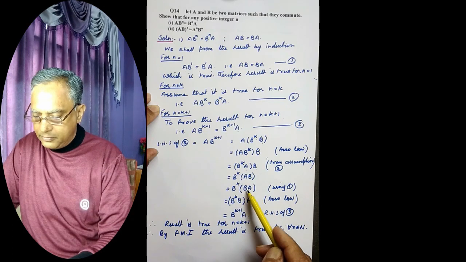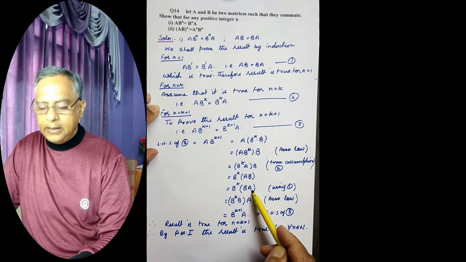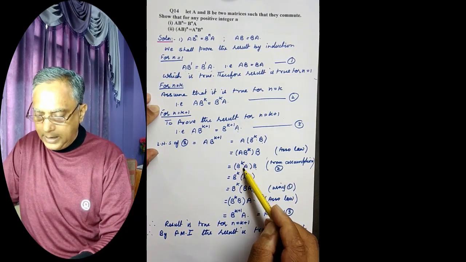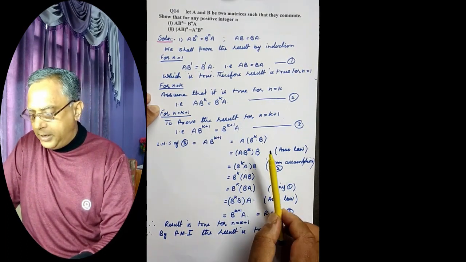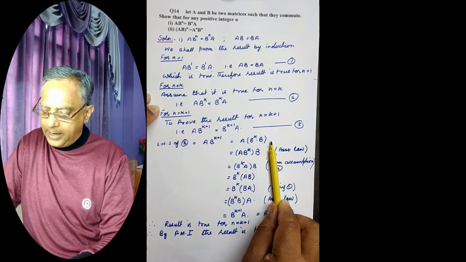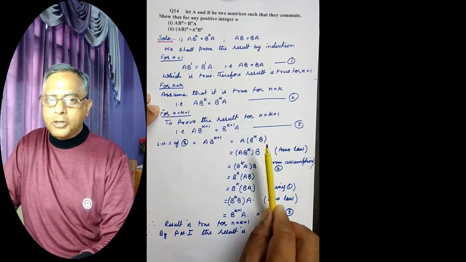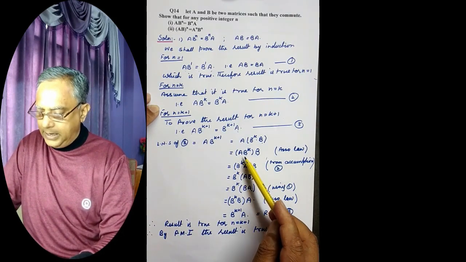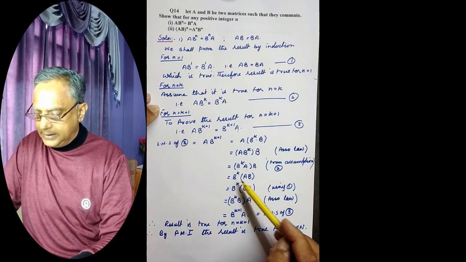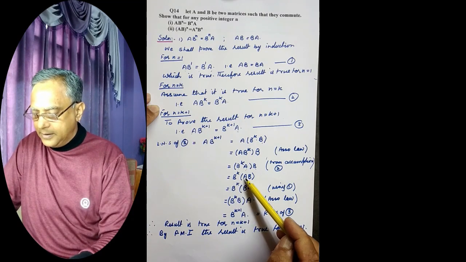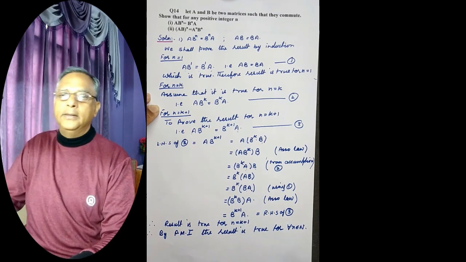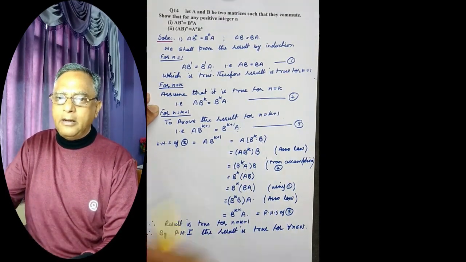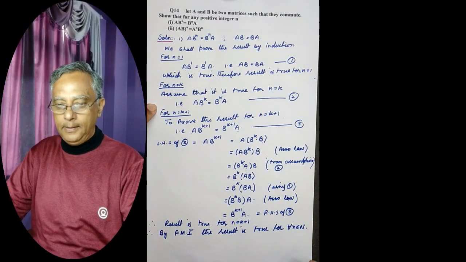In these 2 steps, we are bringing B from right to left, from post multiplication to pre multiplication. So this thing you must keep in mind while thinking about this question.